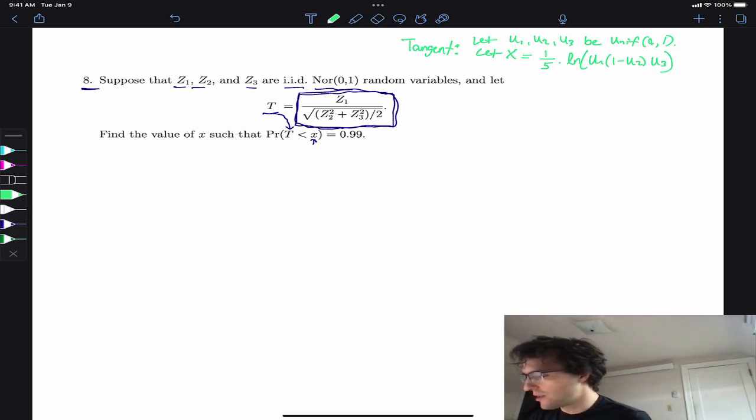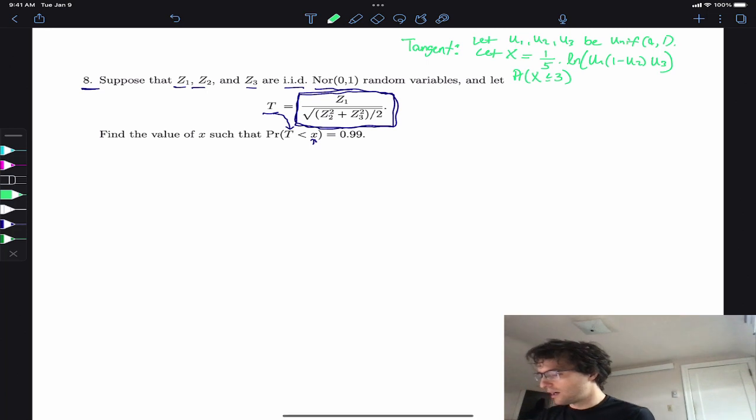Then he'll say find the probability that x is less than or equal to some value, maybe like 3.